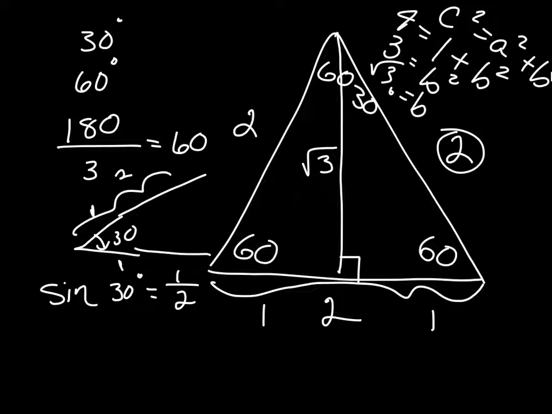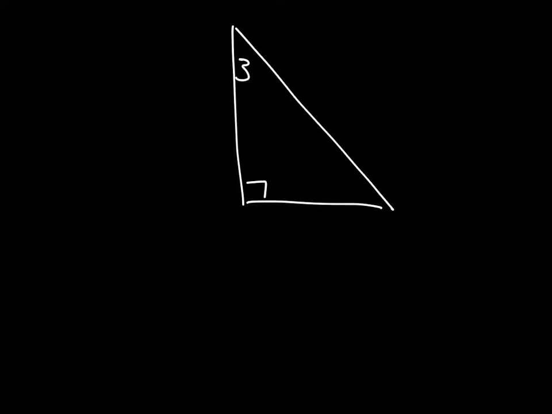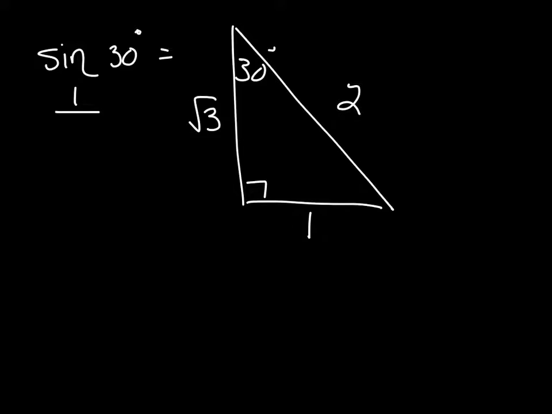Let's go to another page so we can pull it out and look at it. We have this triangle, 30 degrees here, 2 here, 1 here, square root of 3 here. So sine of 30 is 1 over 2, side opposite over hypotenuse.